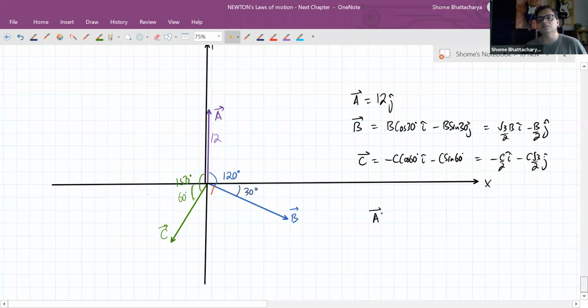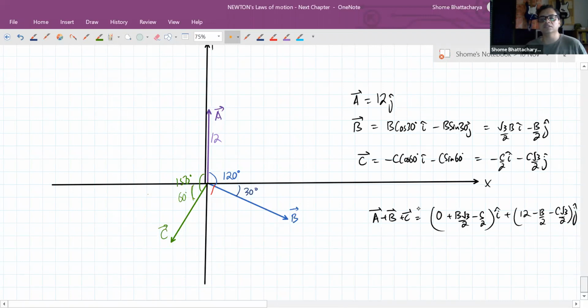So A plus B plus C we can do like this now. It will become 0 plus B root 3 by 2 minus C by 2 i cap plus 12 minus B by 2 minus C root 3 by 2 j cap.